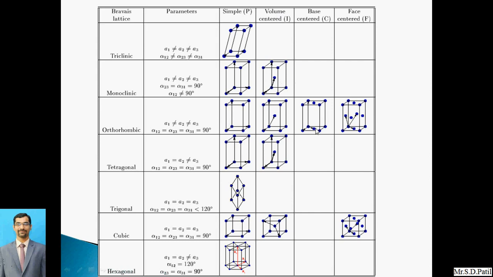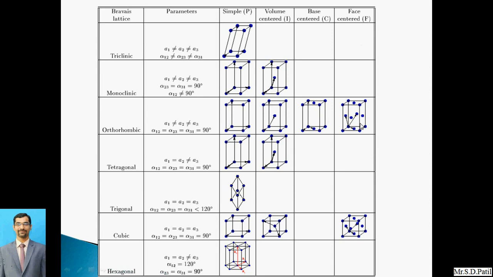Then base centered. Here in the orthorhombic structure, simple, then volume centered and base centered. Base centered means two more points you can see on the base, or if you reverse this part, this will be a base too.